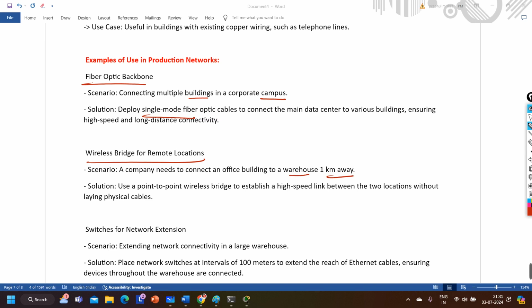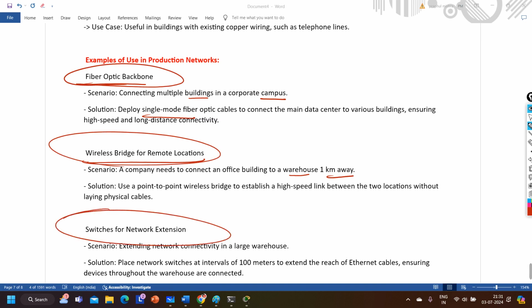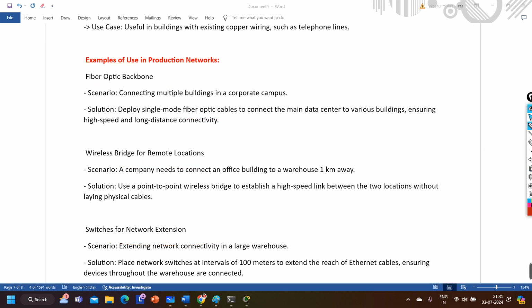So to connect my network to a warehouse which is 1 kilometer away, what can I use? A wireless bridge. So in real time we are using this also. Then, guys, a switch also means extending the network, so I am using a switch as well. So these are real-time use cases.